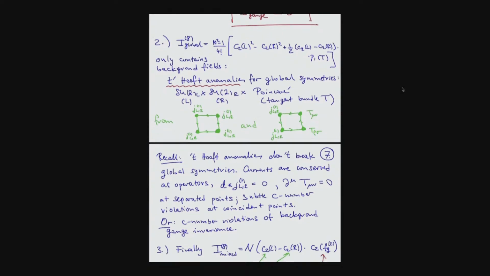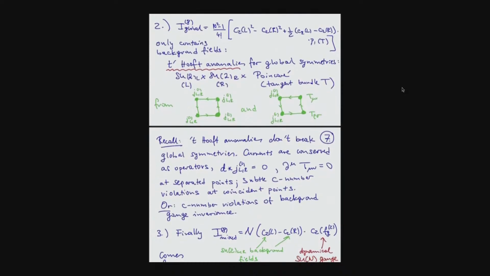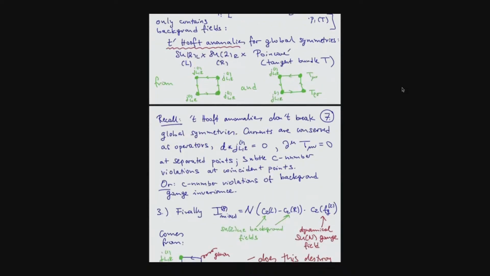This is important for a variety of reasons. And the only way the anomaly shows up is either as a very subtle kind of c-number contact term, if you really look at coincident points in flat space, or alternatively, you can actually activate the various background fields and see c-number violations of background gauge invariance.